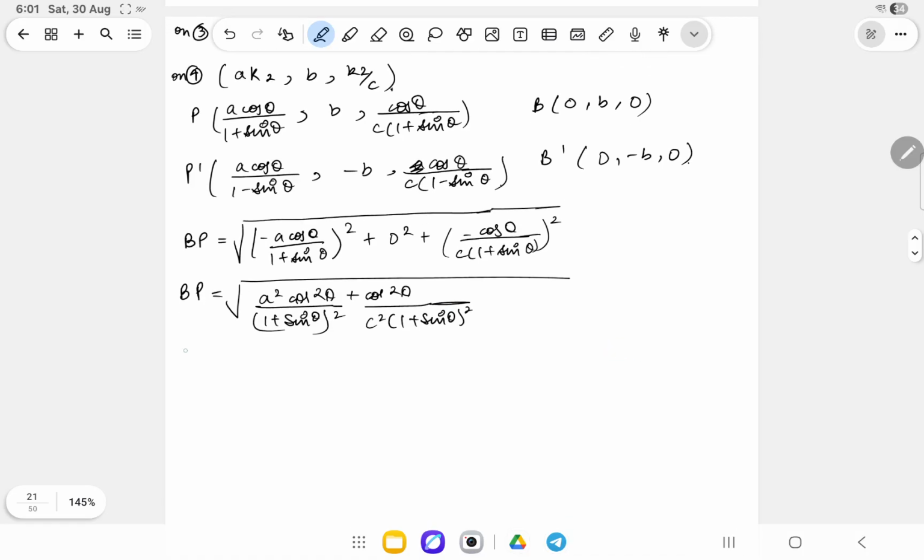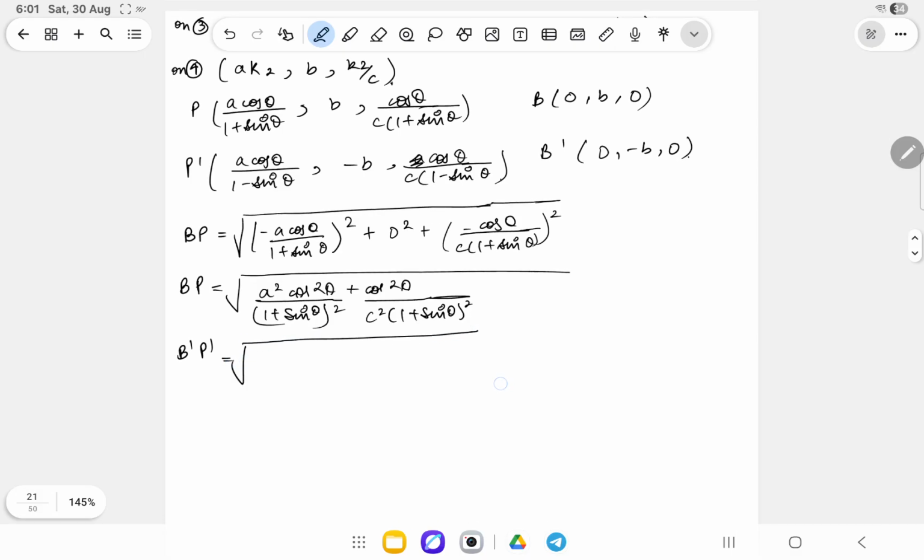Likewise my B dash P will be equal to under root minus a cos theta upon 1 minus sin theta whole square plus 0 square plus 0 minus cos theta upon c into 1 minus sin theta whole square.